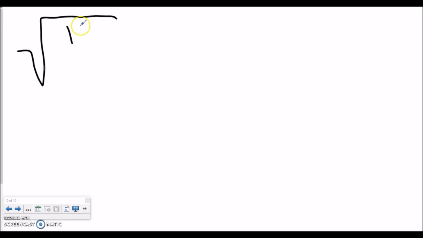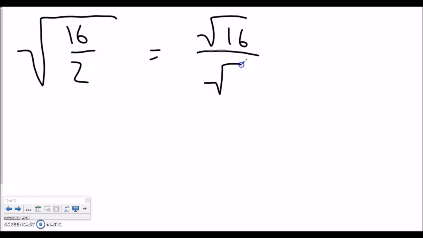These are equivalent. So if we said the square root of 16 over 2, we know that's the same as the square root of 16 and the square root of 2. Now, do you notice anything? Well, you might have jumped ahead and said, well, we can multiply square root of 2 by square root of 2.